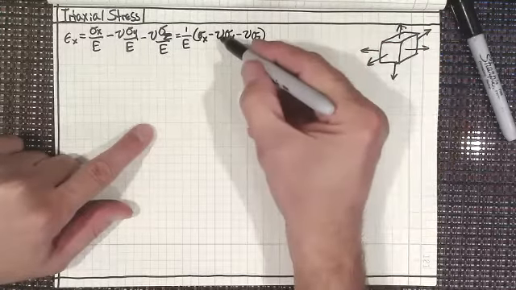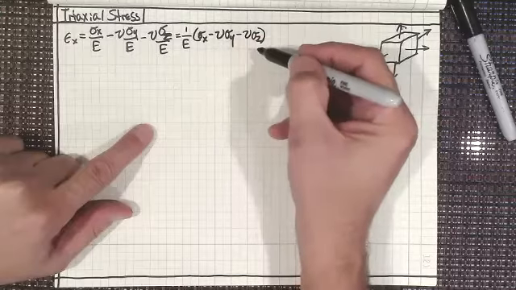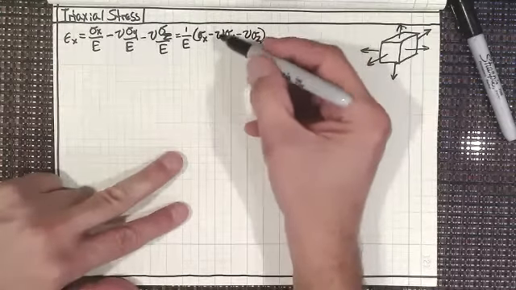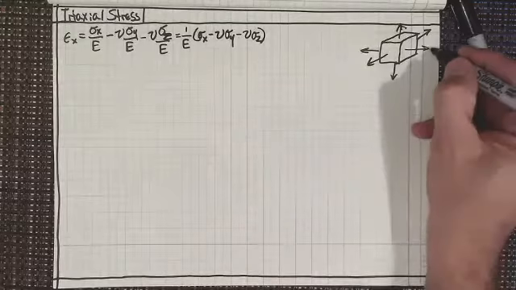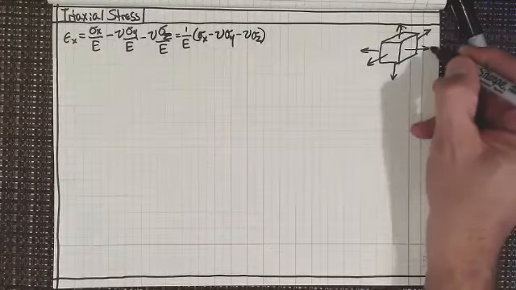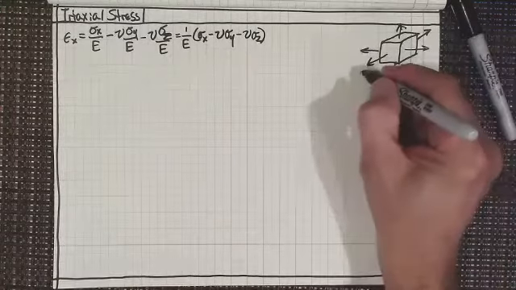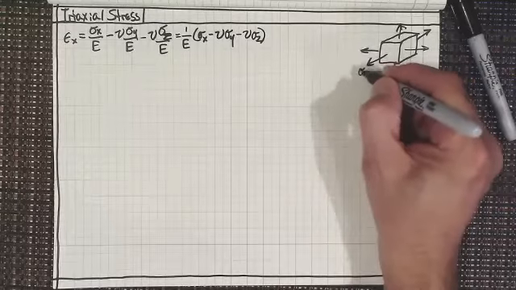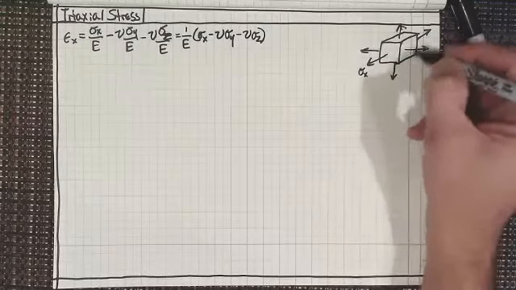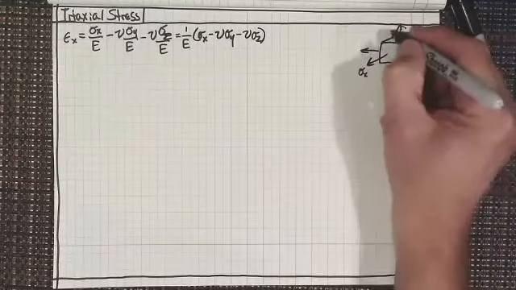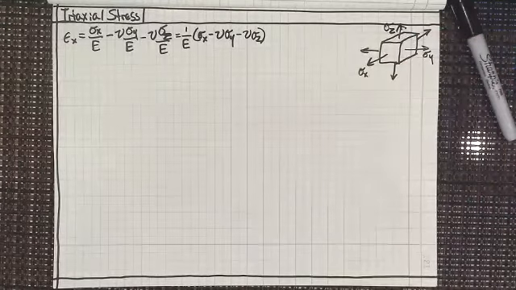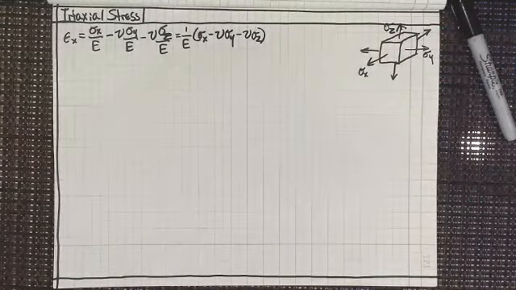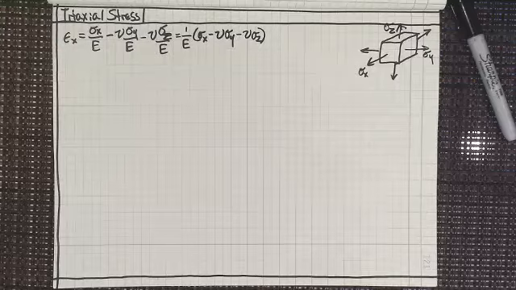And I could take Poisson's ratio out of there if I wanted to too, but you get the idea. I called this the x direction, so this would be sigma sub x, sigma sub y, sigma sub z in those three directions. And so that's what my equation would come out to be.